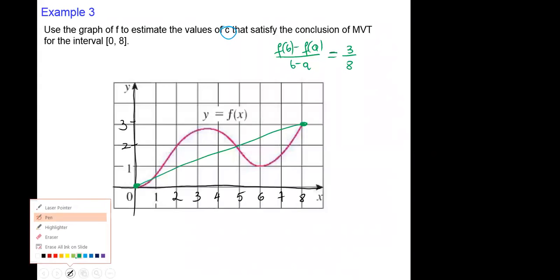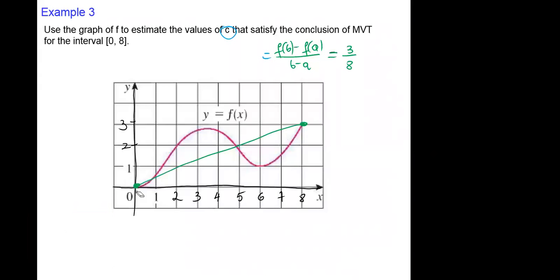Because the function is nice and smooth, continuous, differentiable, at least one number C exists whose derivative at C is exactly the same. This is the slope of the tangent. I have to draw a blue line, which will be a tangent, and it will be parallel to the green one.